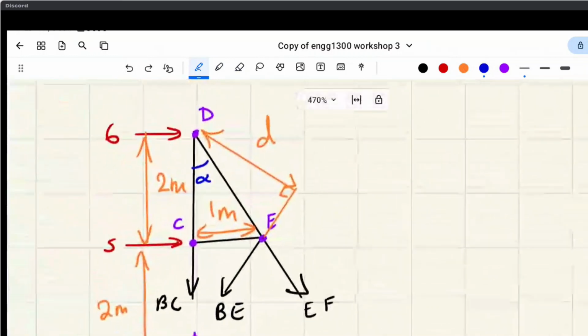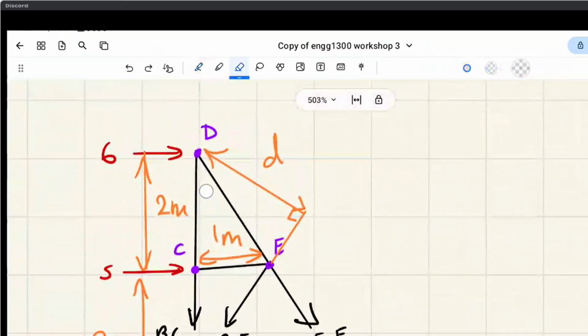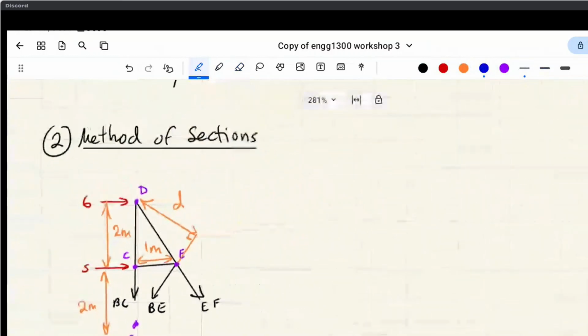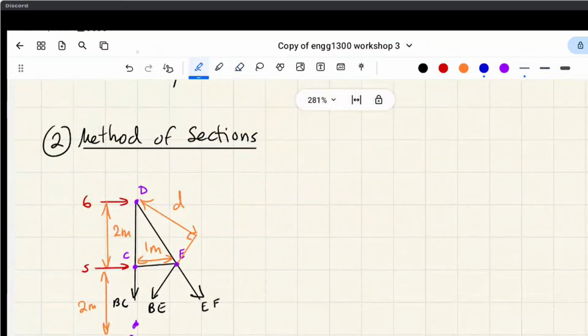Oh, sorry. I was using that alpha for something else. I don't think it's necessary for this question. No, it is. Wait. Let me just look at my notes. Forgotten what we're doing here.